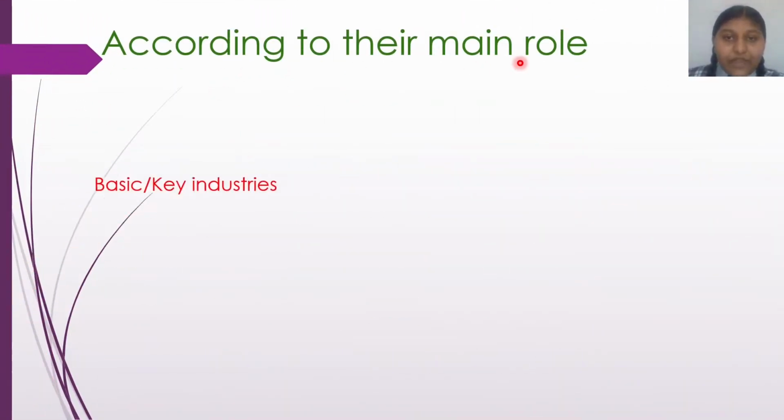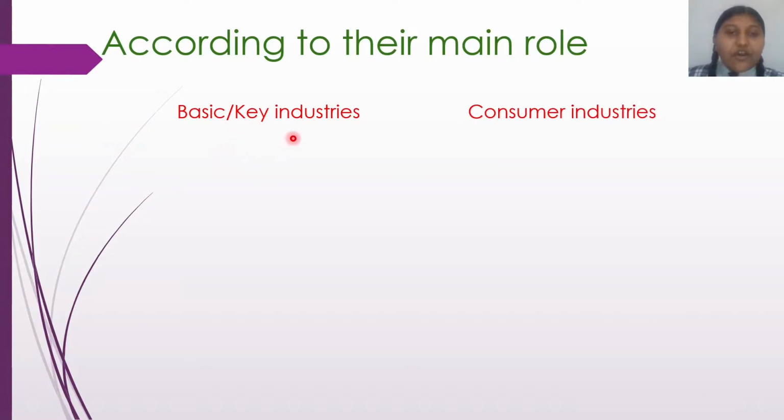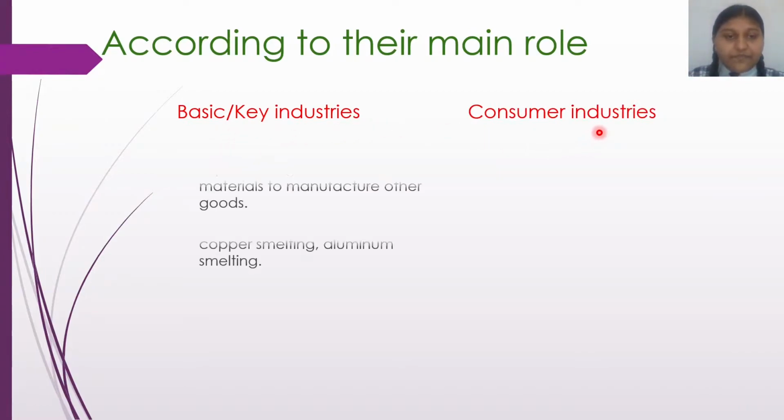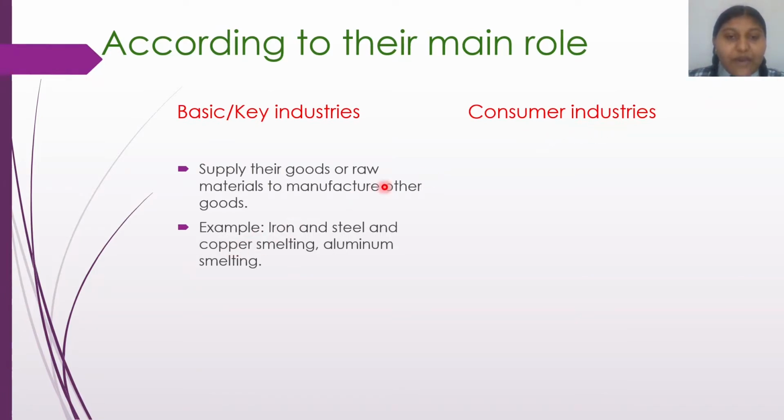According to their main role, industries are classified into basic or key industries and consumer industries. Basic or key industries supply their goods or raw materials to manufacture other goods, example iron and steel and copper smelting, aluminium smelting.